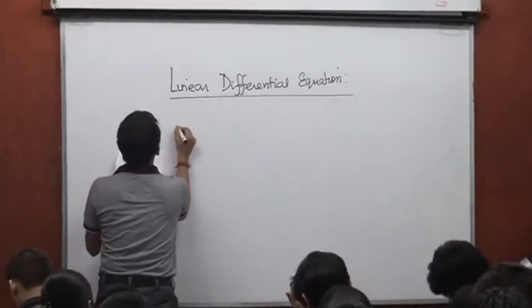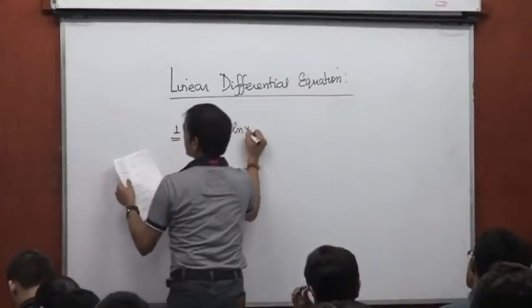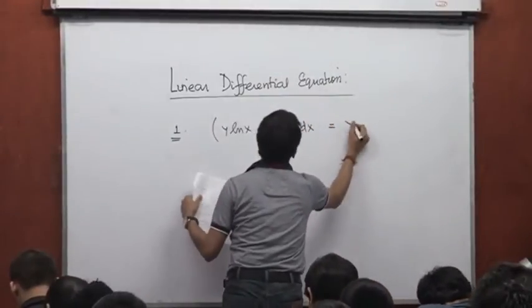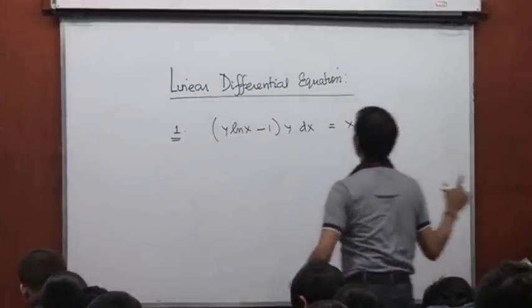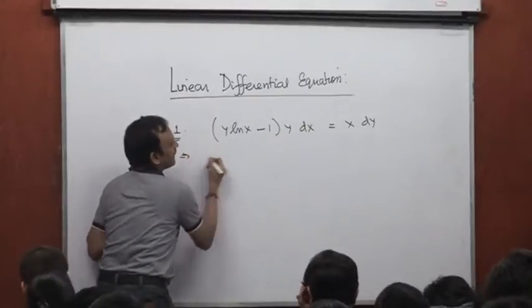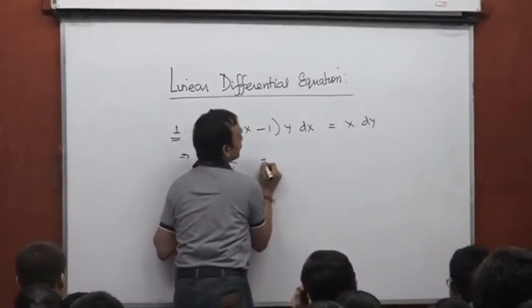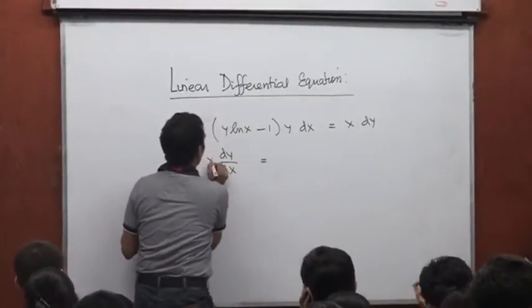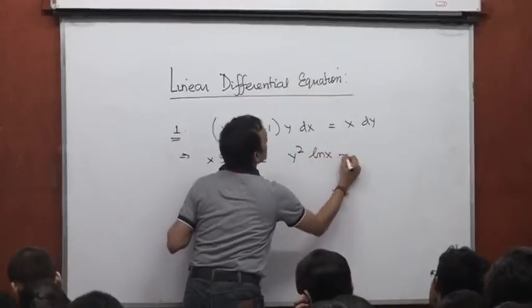We have, let's say, problem 1, for example: y ln x minus 1, y dx is x dy, or we have dy/dx, x dy/dx is y squared ln x minus y.